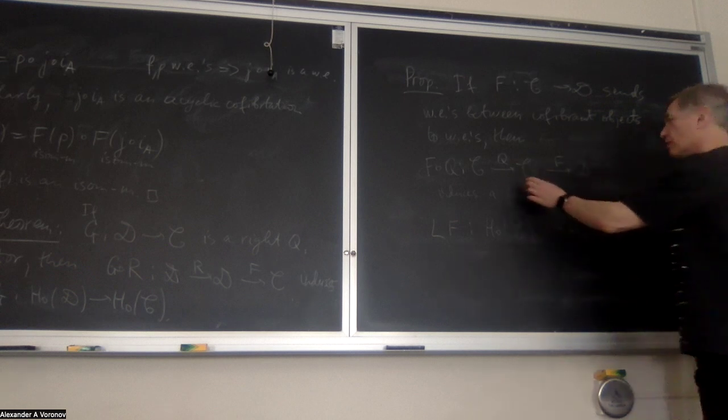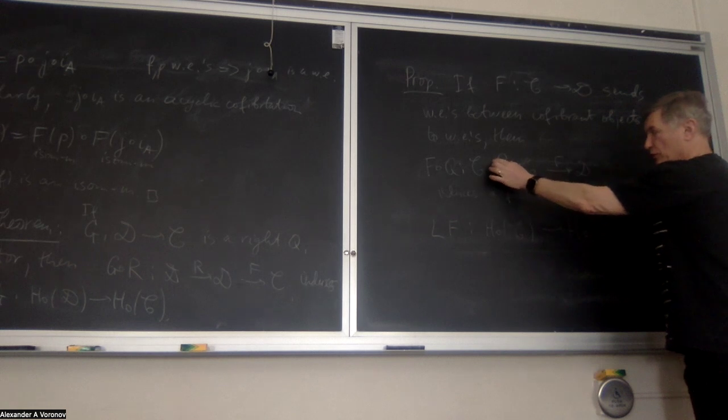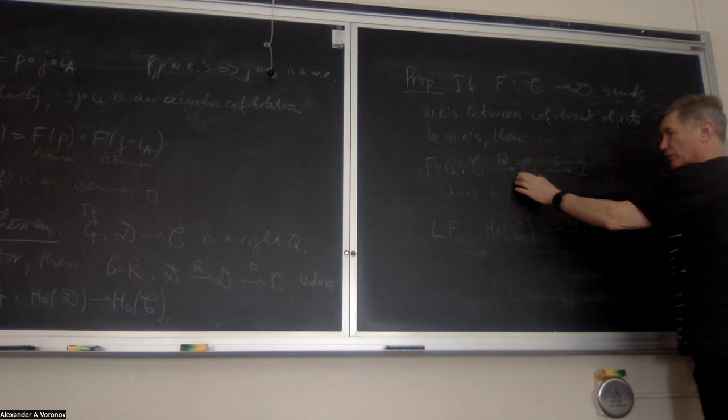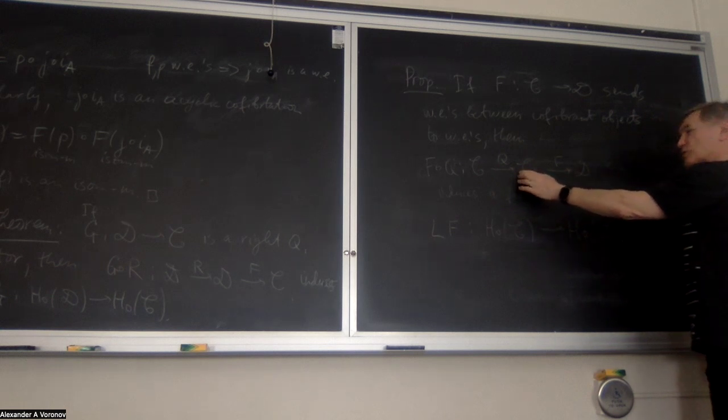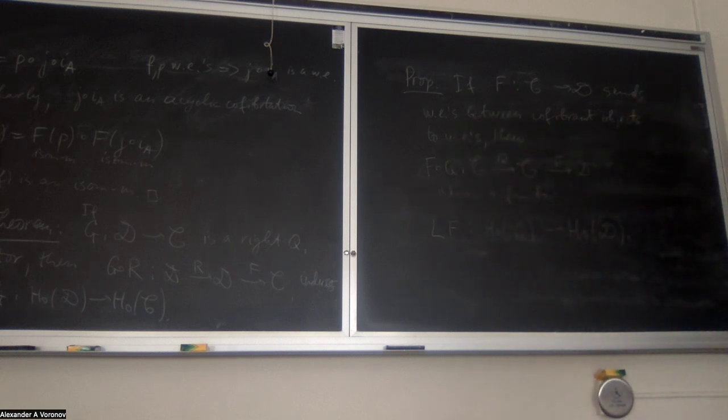But we can actually apply this to the image of this functor Q, that is, to the full subcategory consisting of cofibrant objects, and then we'll have a statement that equivalences are taken to equivalences.